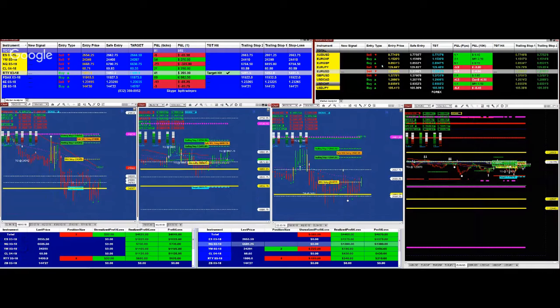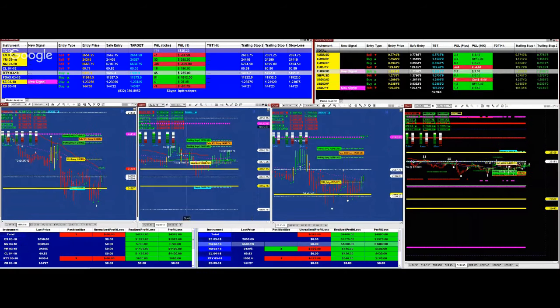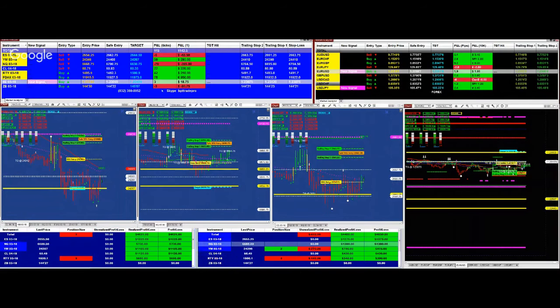You have the entry signal, and then you have the safe entry. You have the target, your PNL, and this here is a price action based on swing trading. You can follow those signals. As an example, right now we have a new signal on the 6E. It tells you to go long, and the entry is 32.50.